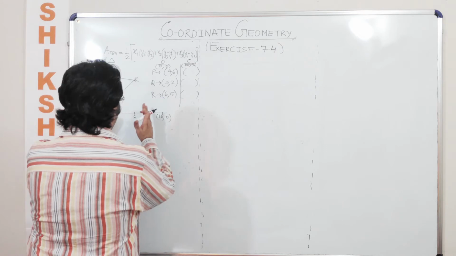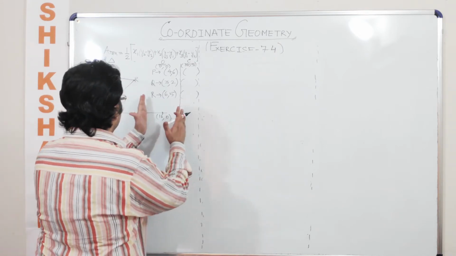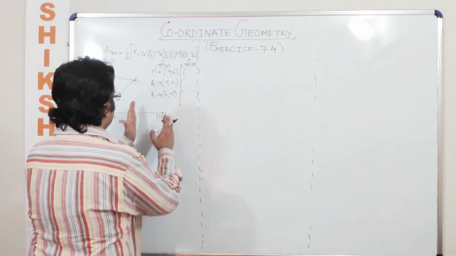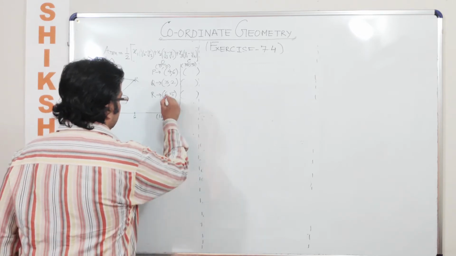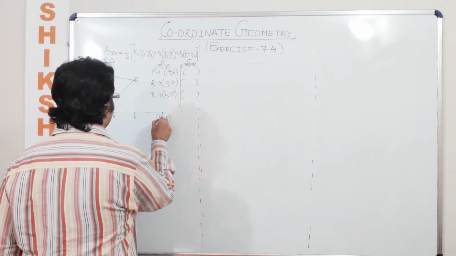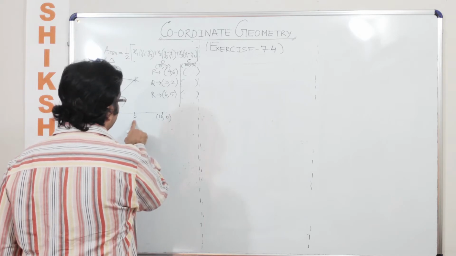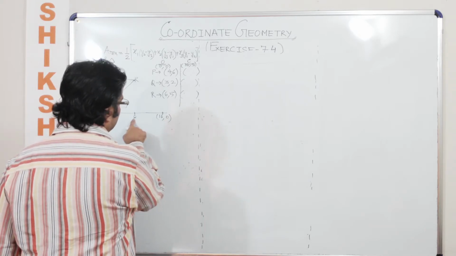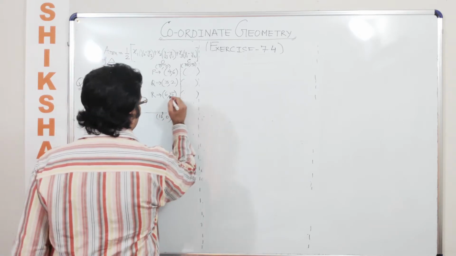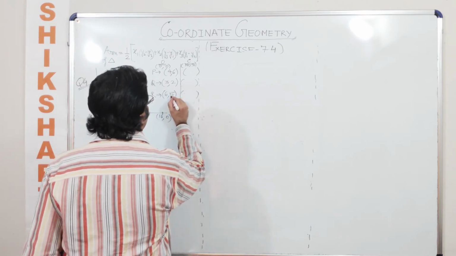So can I say I'll have to shift the entire figure? When the origin shifts, the entire figure shifts. In that case, the difference here was how much? 10. The difference in the x coordinate was 10.